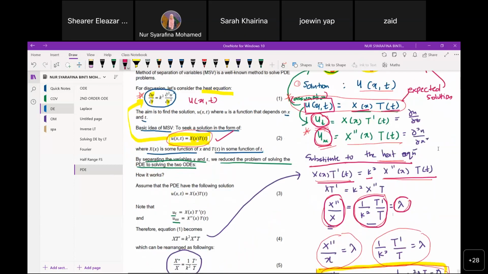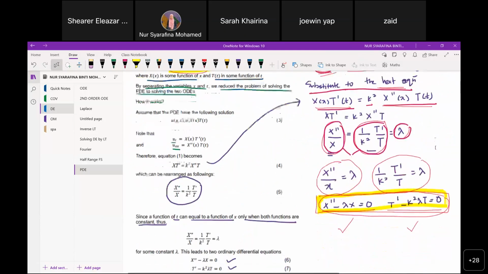Why? Because these two expressions are equal only when there exists a constant which makes them equal. Once you equate them to lambda, we can separate the function according to each variable.